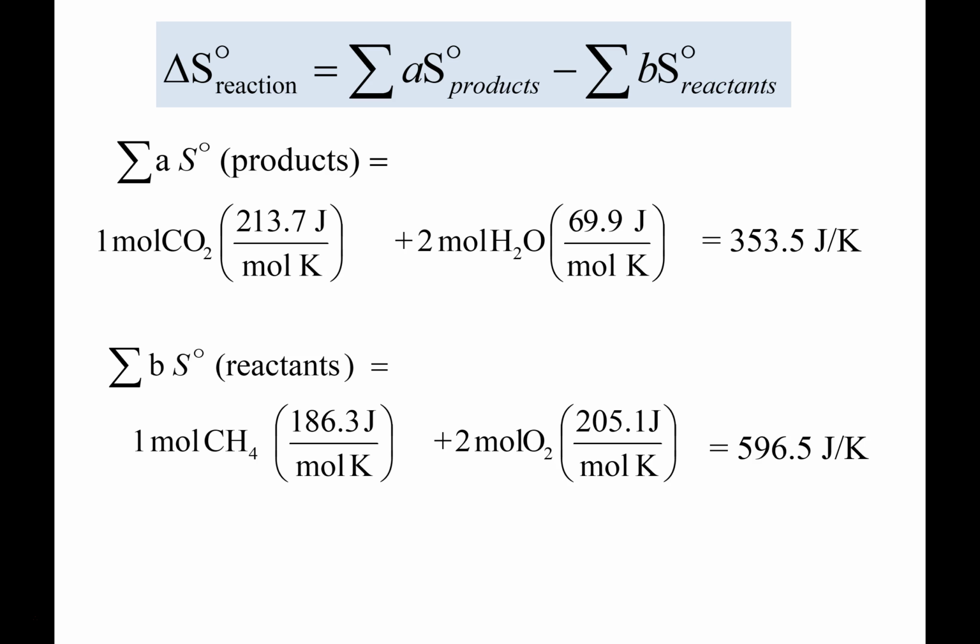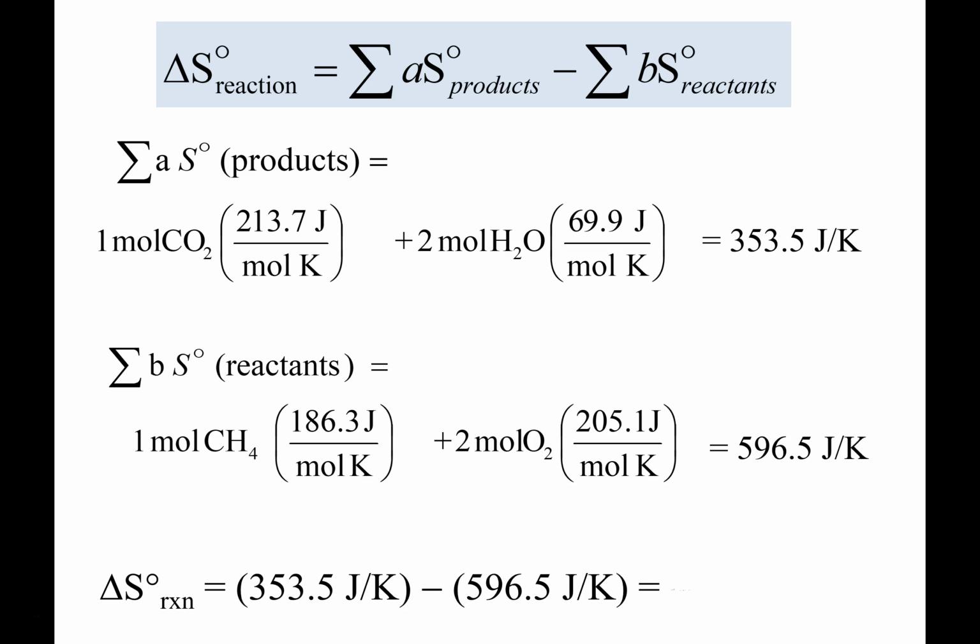Then one last subtraction. We take 353.5 minus 596.5, and we end up with negative 243.0, with units of joules per Kelvin.